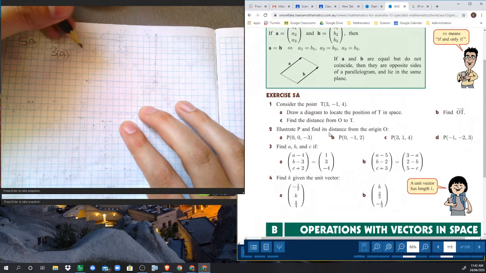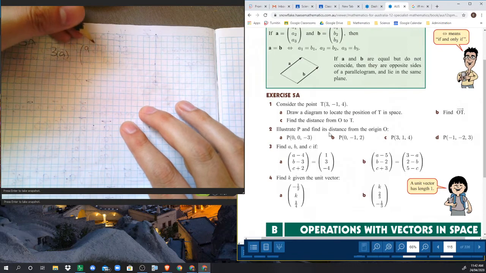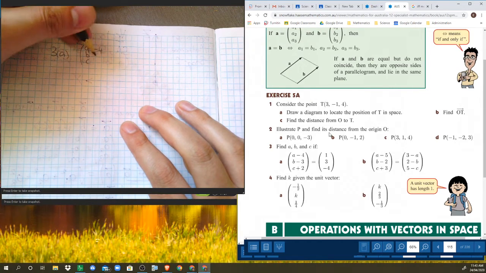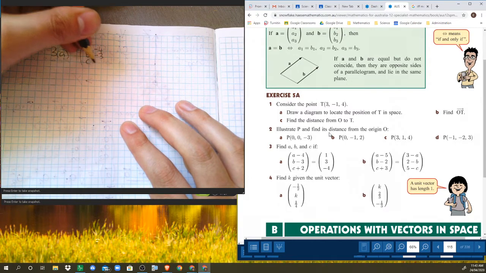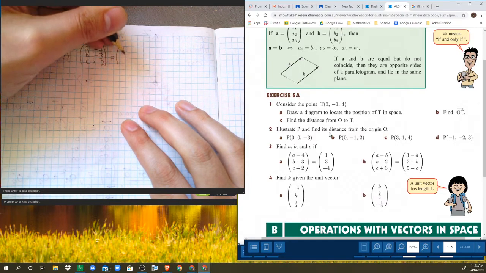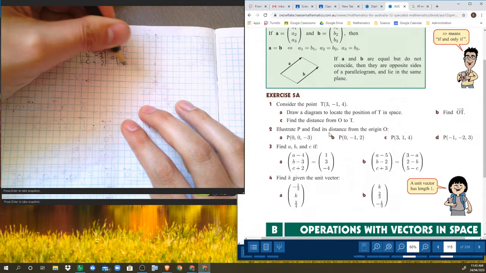So if you've got an unknown, you could use this to work out an unknown point in space, for example, because you know where the other point is. Like, so you've gone from A to B and you know what B is, and you know the vector that moves you from that point. That can be used to find other points in space. All right.